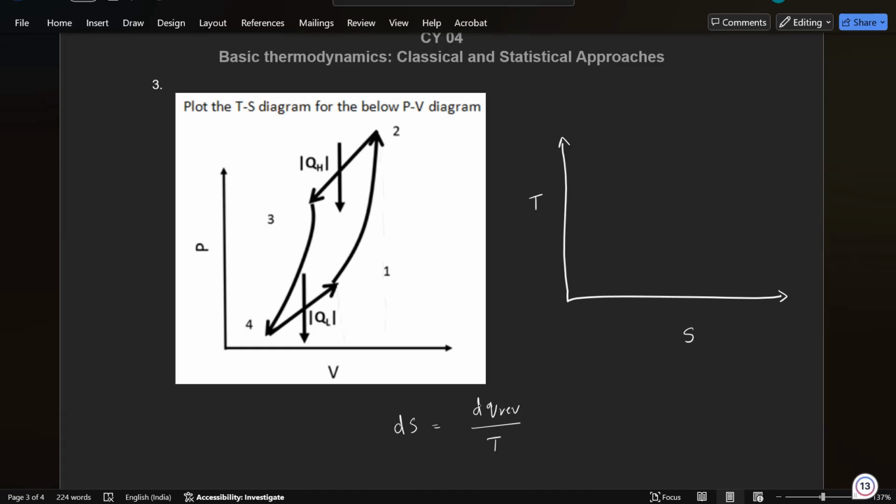Yes. And then there is an expansion over here. So volume is expanding. What will happen to the temperature? No heat, volume is expanding. So what happens to the temperature?